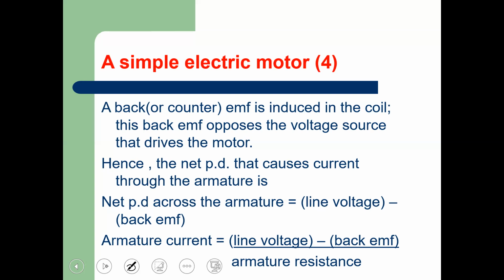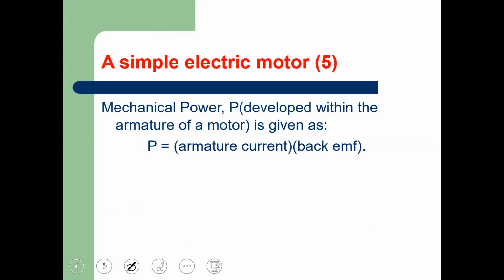So armature current is equal to the net potential difference. What is the net potential difference here? Line voltage, that is the voltage supplied, minus the back EMF created by the coil. The difference between them divided by the armature resistance gives us the armature current.